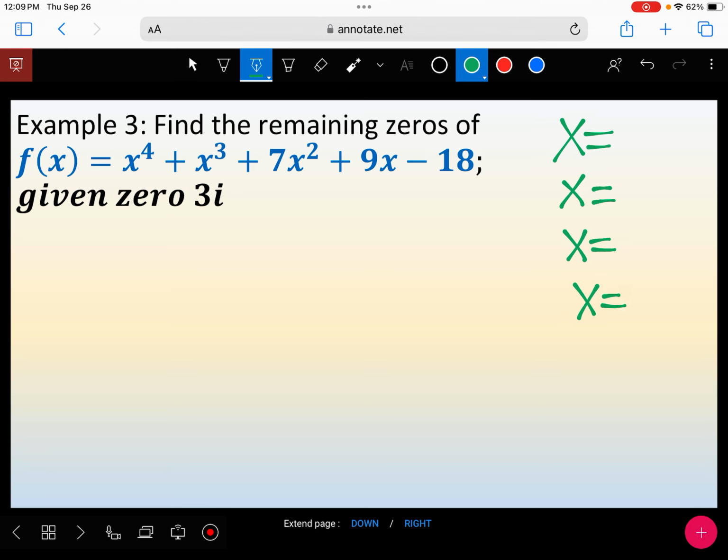What 2 answers do I know? I know one answer is 3i, which means I have another answer that's negative 3i. All right, so we already got 2. So we're only looking for 2 more.